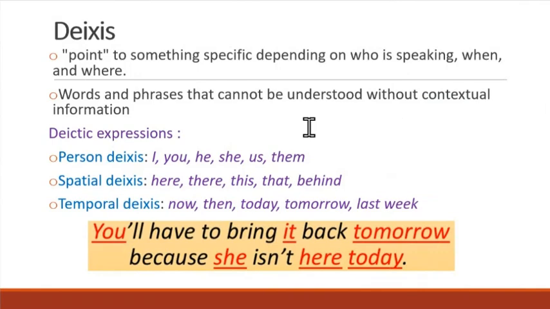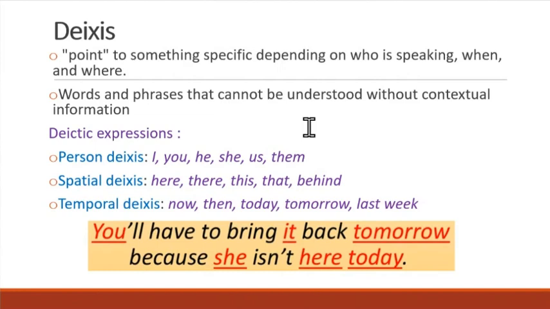Okay, and deixis means pointing to something specific depending on who is speaking, when and where. Words and phrases that cannot be understood without contextual information.